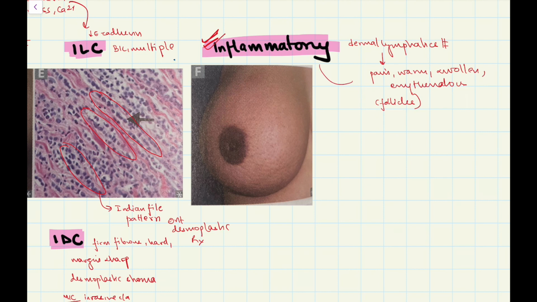Therefore it is known as inflammatory breast cancer, and it causes the typical peau d'orange appearance, which was asked this year in NEET 2020, that peau d'orange is due to the involvement of subdermal lymphatics.